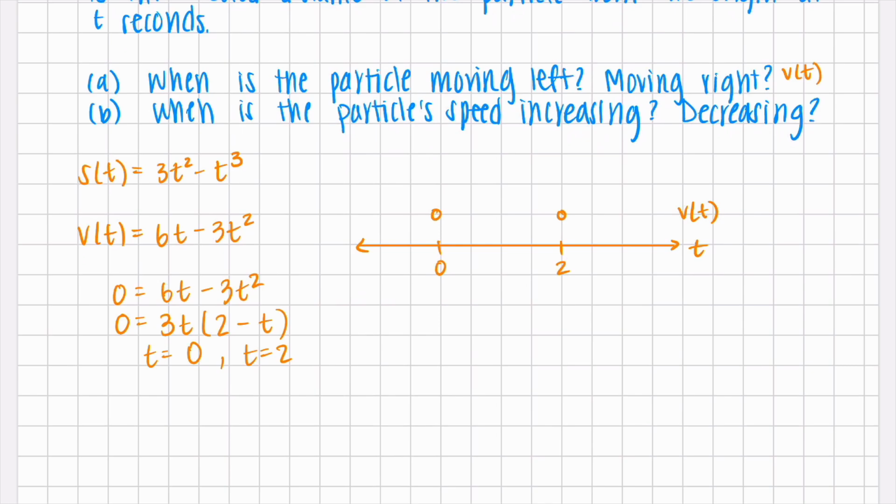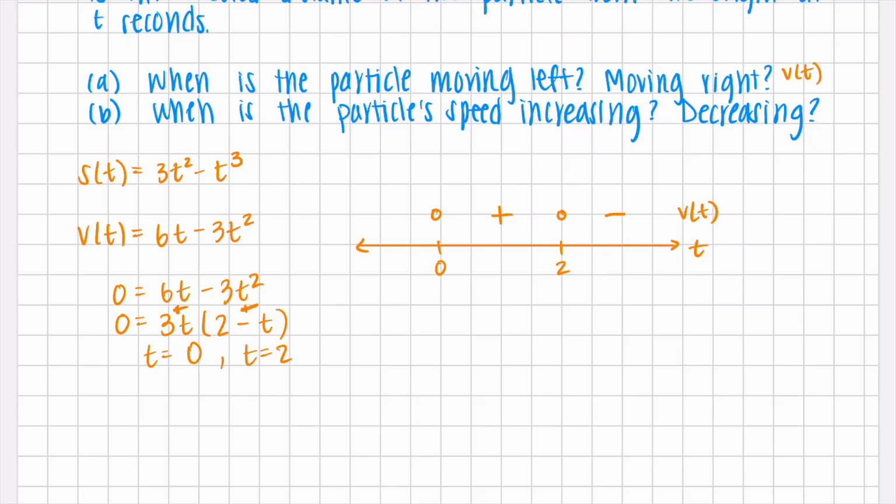So between 0 and 2, I might choose 1. I get a positive. 3 times 1 is positive. 2 minus 1 is positive. So between 0 and 2, my velocity is positive. After 2, I might pick 3. 3 times 3 is positive. 2 minus 3 is negative. So my velocity is negative for t's greater than 2.